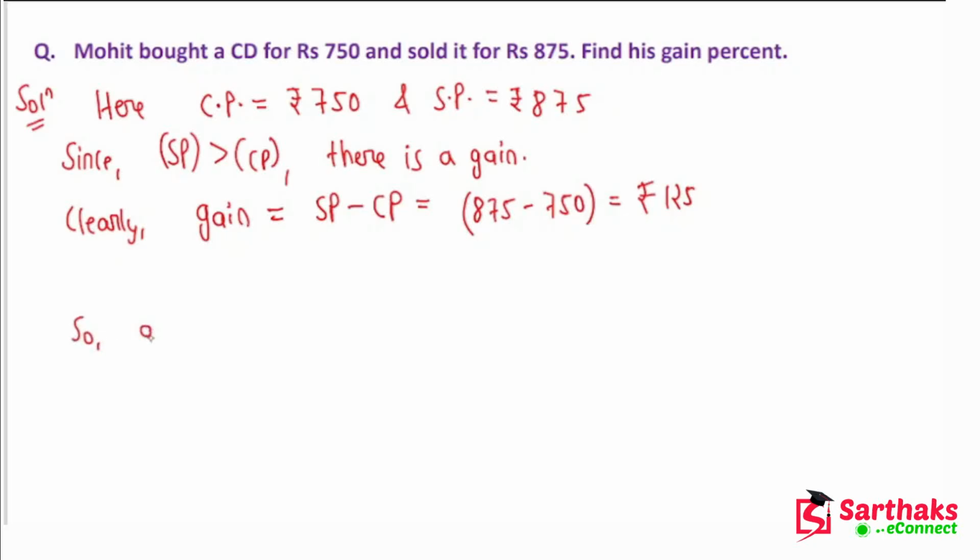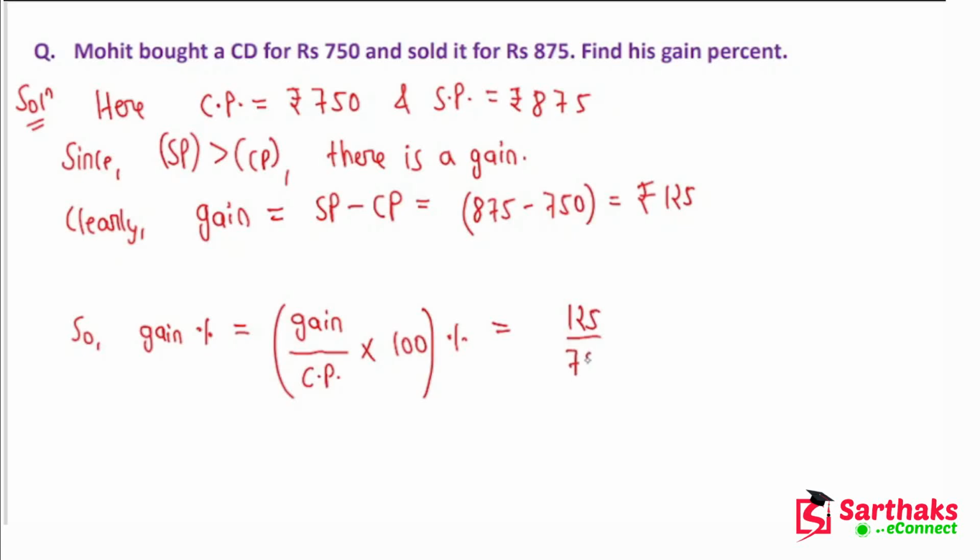So gain percent is, now we have already calculated the gain, so gain upon CP into 100%, right? So gain here was rupees 125, cost price was 750, and into 100 percent.